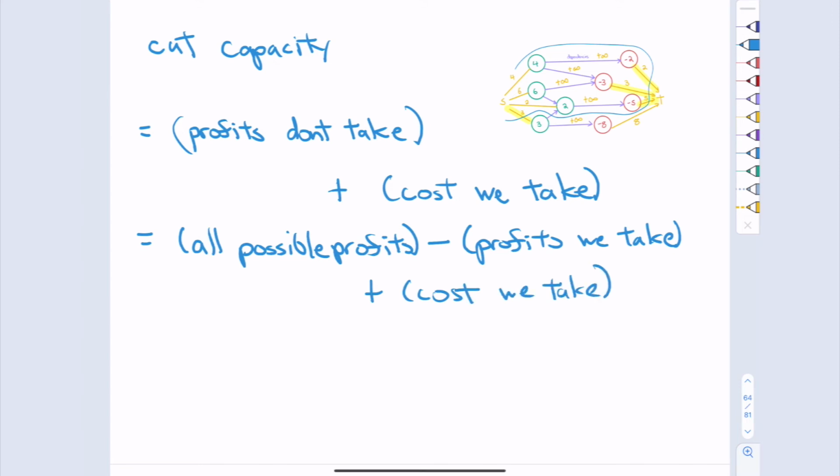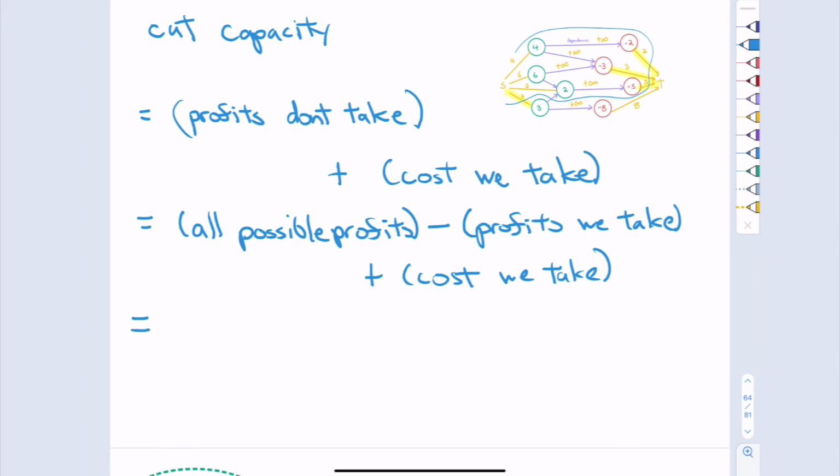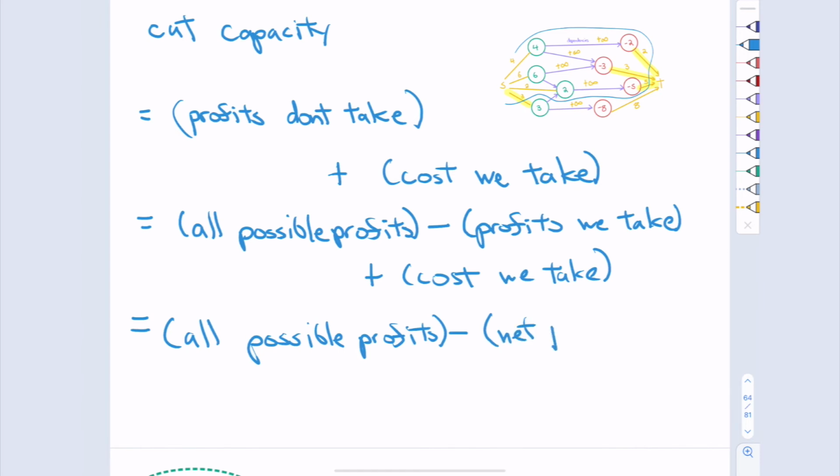Okay, so this is all possible profits minus sort of net profit, profit minus cost, of what we take. So by minimizing the S-T cut, I'm ultimately maximizing the net profit of the projects we take.